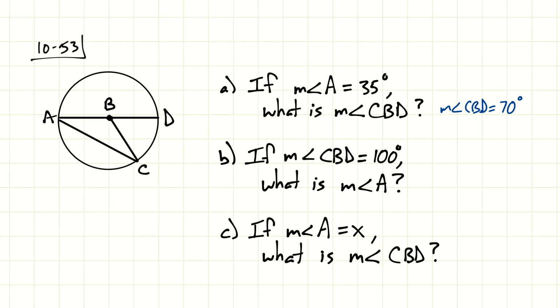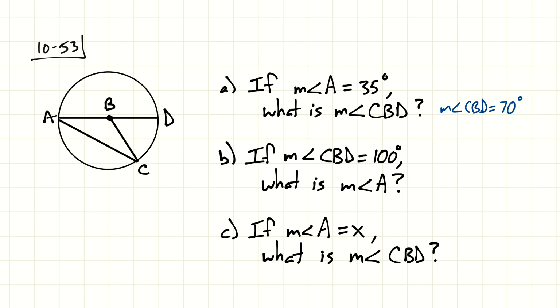For the next one, they give us the opposite information. They tell us CBD is 100 degrees. Can we figure out what angle A is? Well, when this was 35 and 35, this one was 70. If this is 100, what do you think these might be?